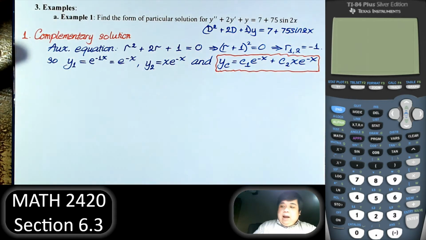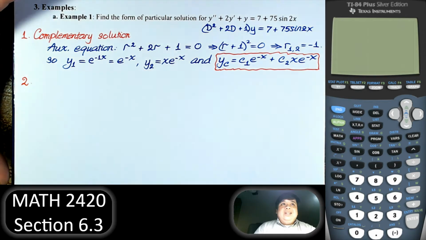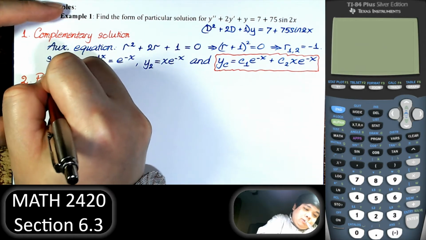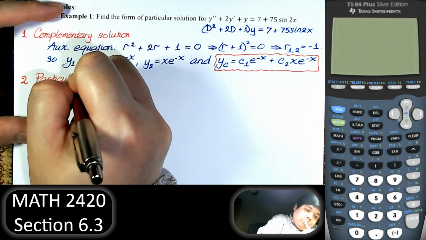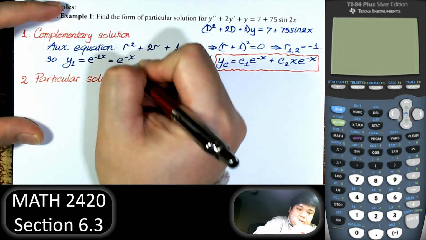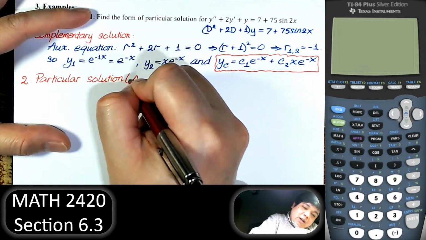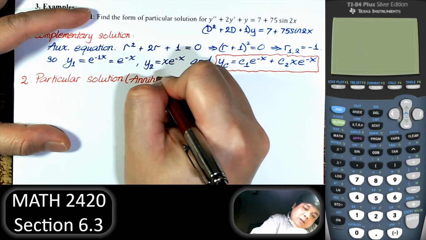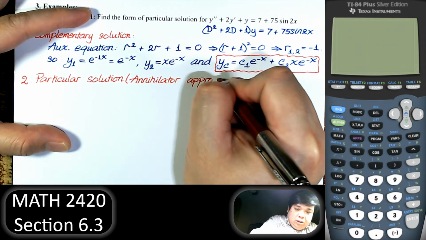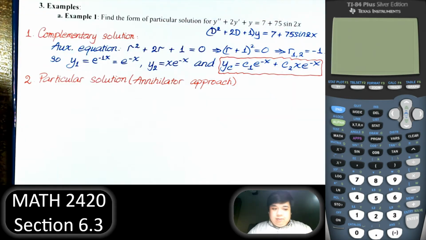Now the second part is the particular solution, and this time we use the annihilator approach. First, what will annihilate the right-hand side?